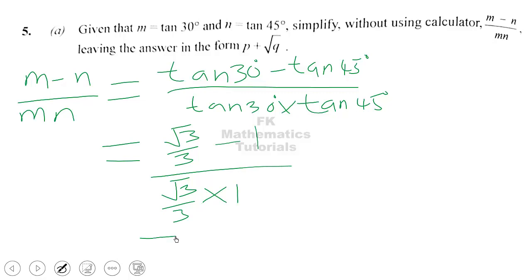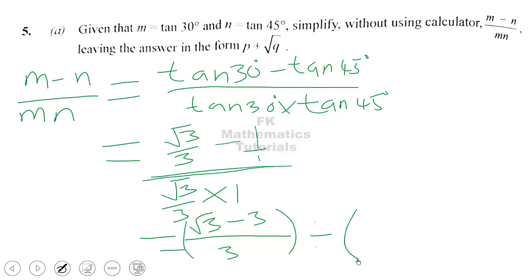So this will be equal to, you find the LCM in the numerator, so we have 3. Then 3 goes into 3 once, times root 3 is root 3. And this one is like over 1, 1 goes into 3 three times, 1, 3. Divided by, I've changed this long sign to division, divided by root 3 over 3.